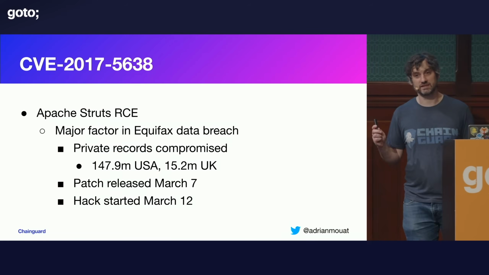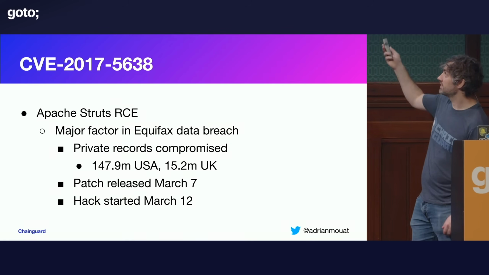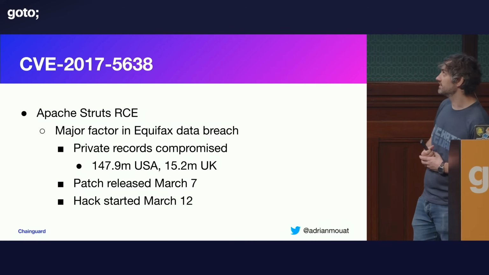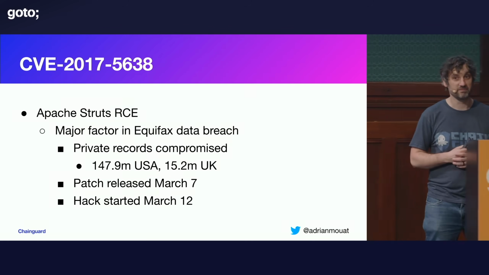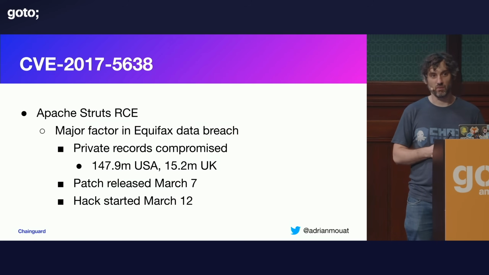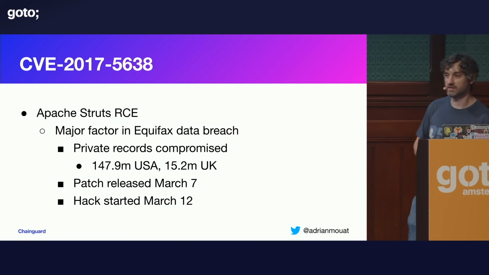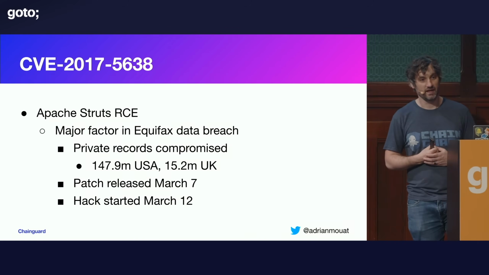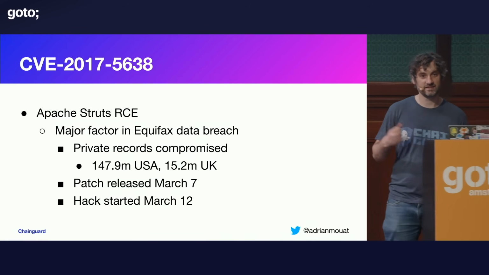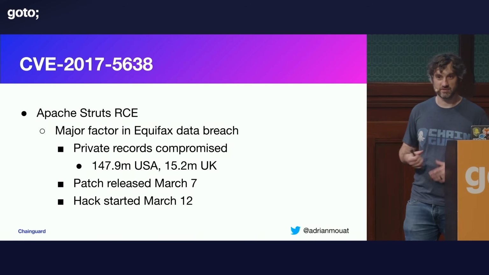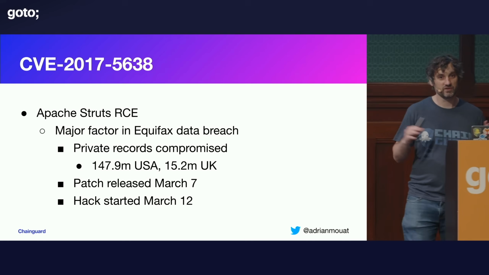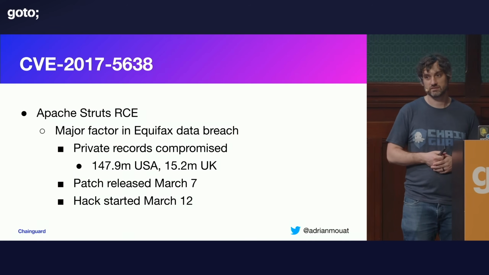The main reason I mention this is because this was a factor in the Equifax data breach, which was an enormous data breach. There's 150 million US citizens and 15 million UK citizens, plus a smaller number in Canada. All their sort of financial data on Equifax was compromised.